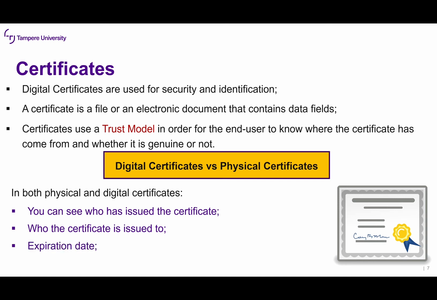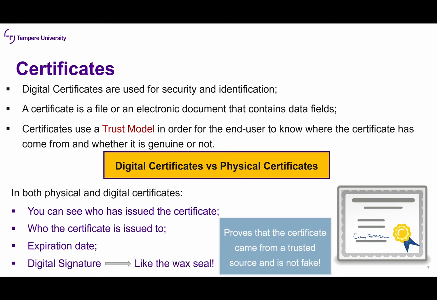Then you can see an expiration date if there is one. For example, in digital certificates, we always have an expiration date. In the physical world, we have expiration dates in certificates such as the driving license. And then we have the digital signature, which is like the wax seal on the physical certificate, and proves that the certificate came from a trusted source and is not fake.